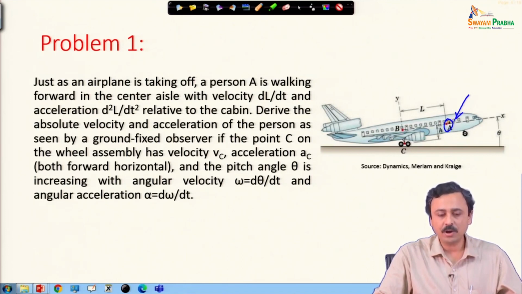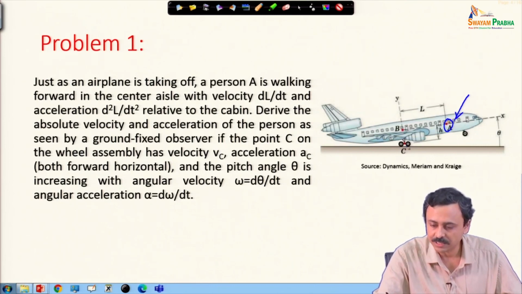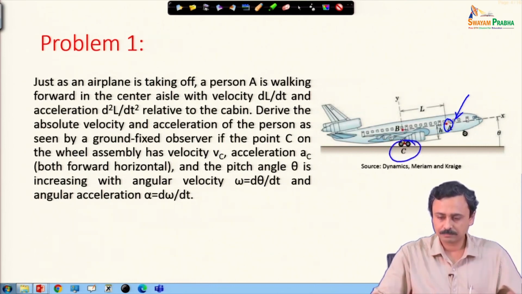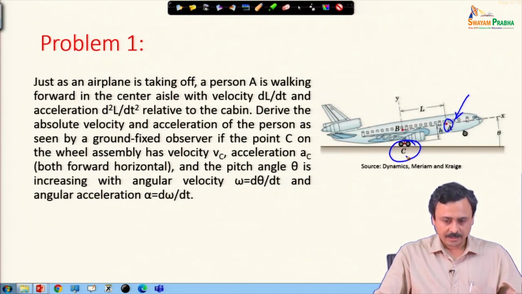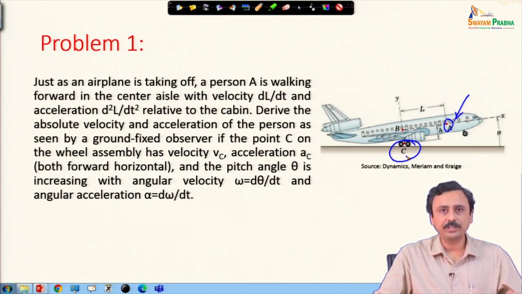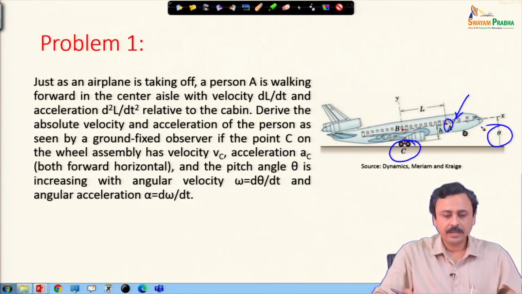if the point C on the wheel assembly has velocity vC. You can find C at the center of the wheel assembly, that red dot at the center of the wheel assembly, that is C. So, the point C on the wheel assembly has velocity vC, acceleration aC, both in the forward horizontal direction, and pitch angle theta marked here is increasing with angular velocity omega, so d theta dt, and angular acceleration alpha, which is d omega dt.